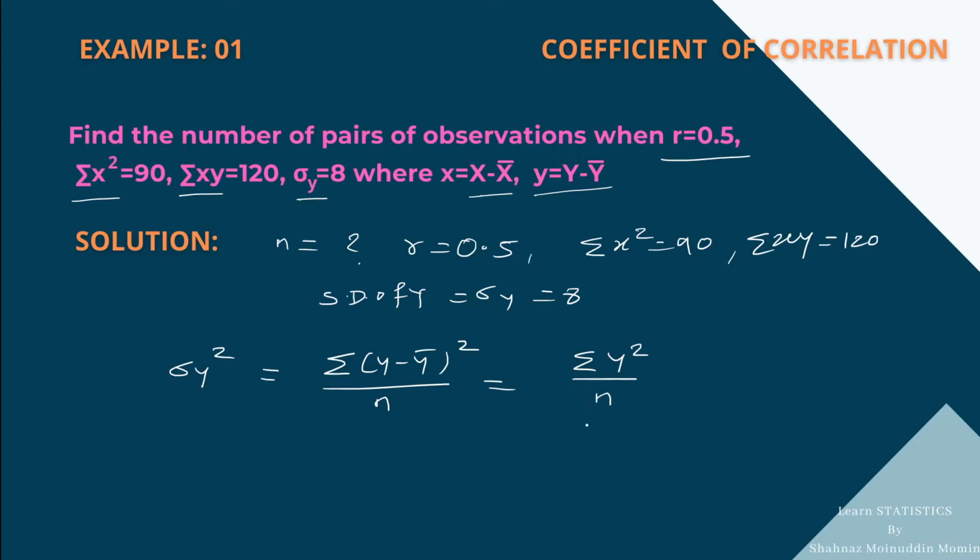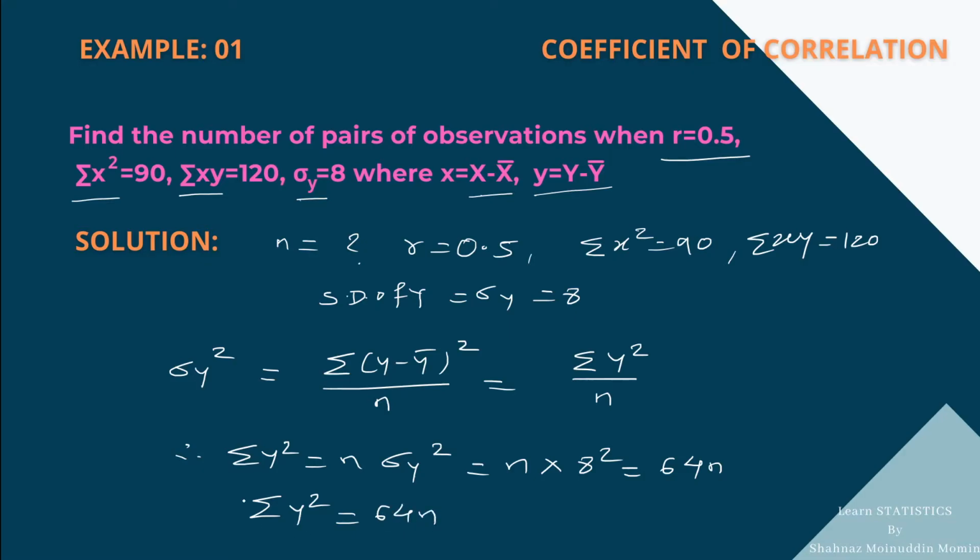Now from this relation we will obtain the value of summation y square. Therefore summation y square is equal to n into sigma y square, which is equal to n into 8 square. So summation y square is 64 into n. This is the value of summation y square, 64 into n.